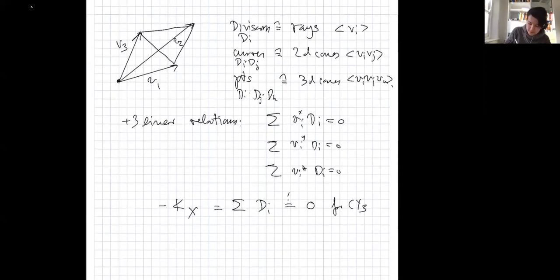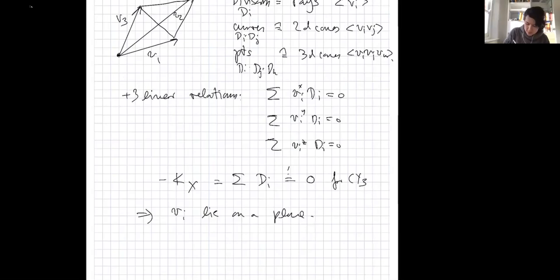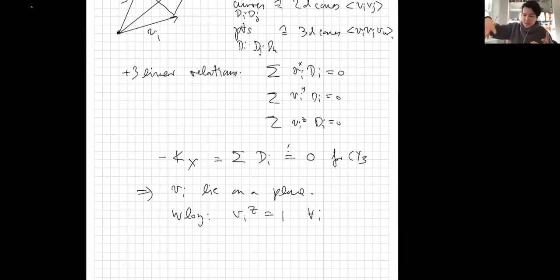So in fact, this implies that all of these v_i actually lie on a plane. So we can basically, without loss of generality, say that the z coordinate is always equal to 1, and we can use SL(3,Z) acting on this full lattice to always arrange it to be that.